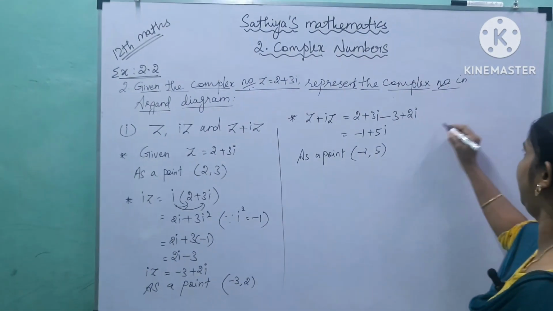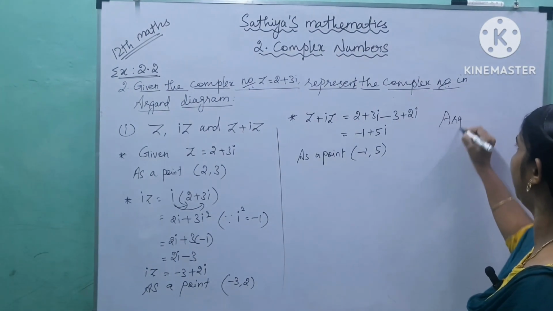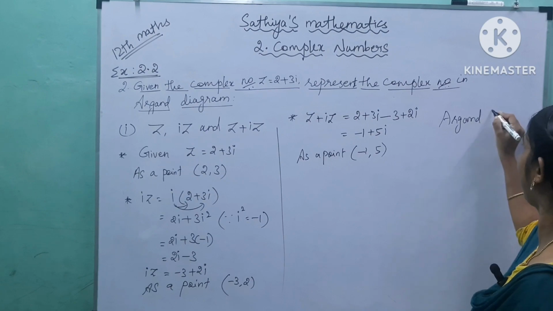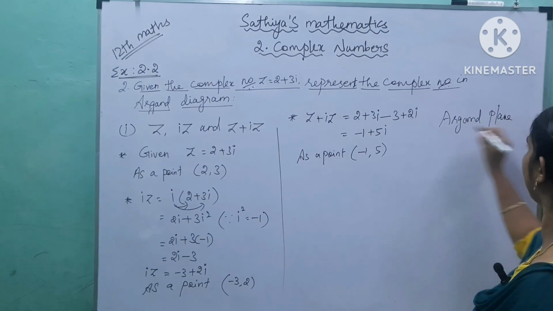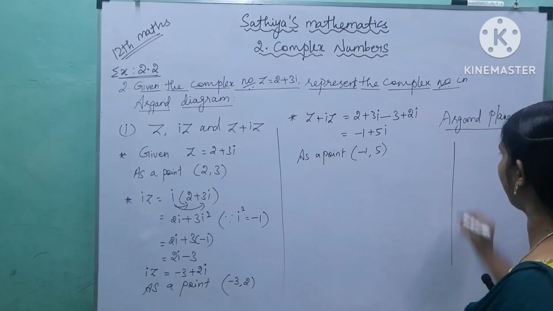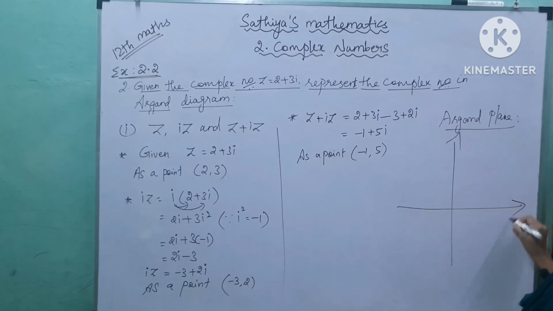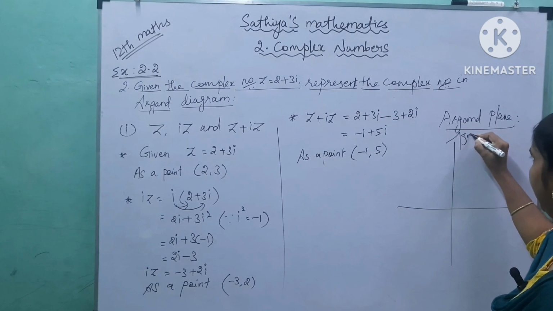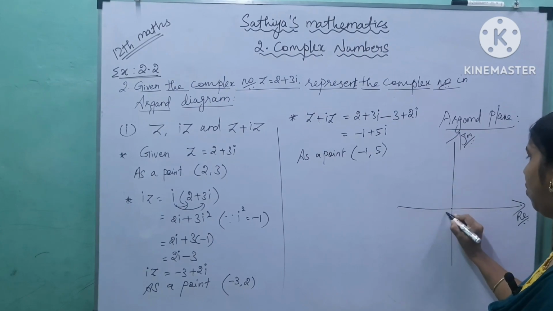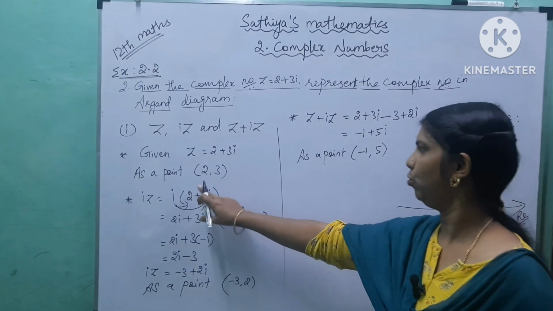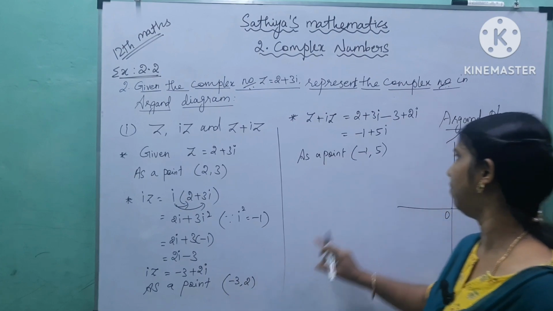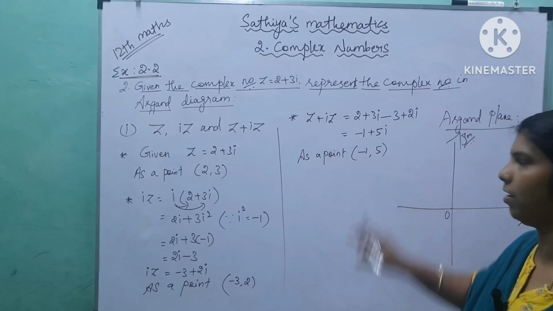Now let us see how to represent this in the Argand plane. In the Argand plane, the x axis is the real axis, the y axis is the imaginary axis, and this is the origin. First point 2, 3, second point minus 3, 2, and third point minus 1, 5.